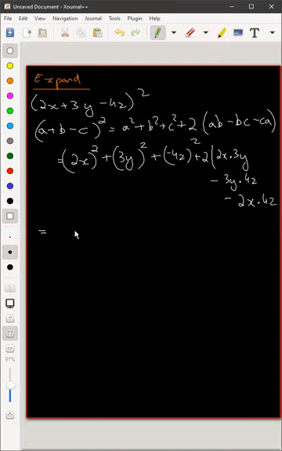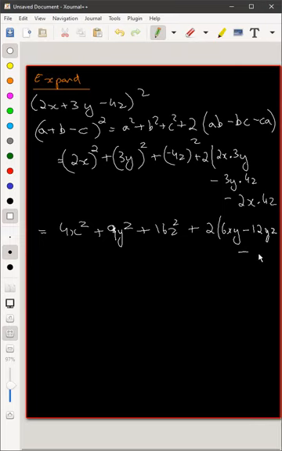4x square plus 9y square plus 16z square plus 2 into 6xy minus 12yz minus 8xz. Okay, further, can we take anything out common here?